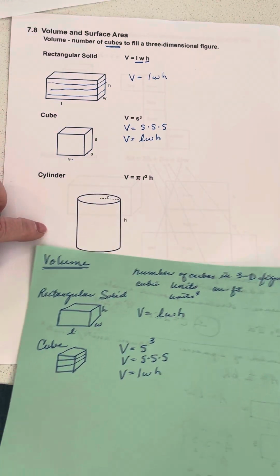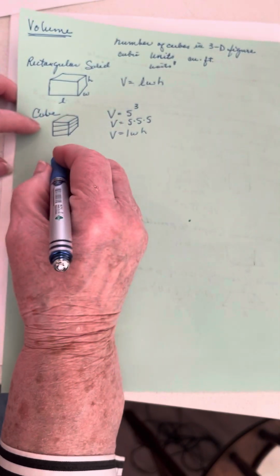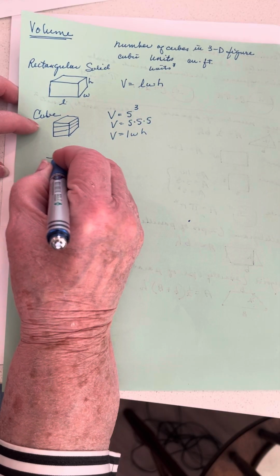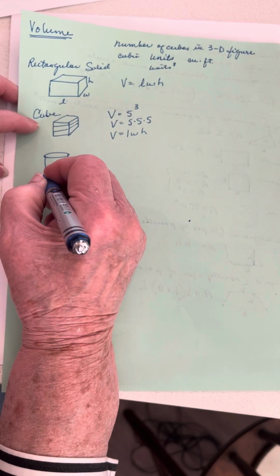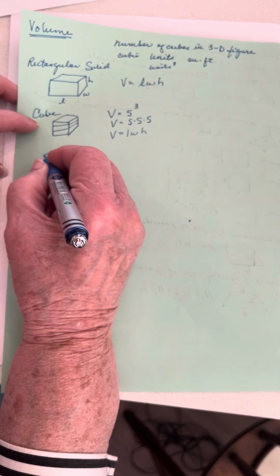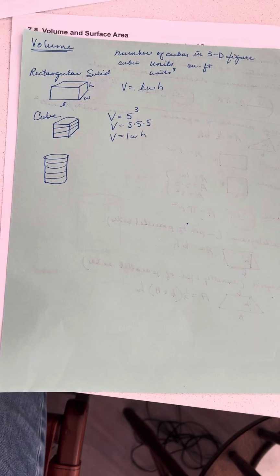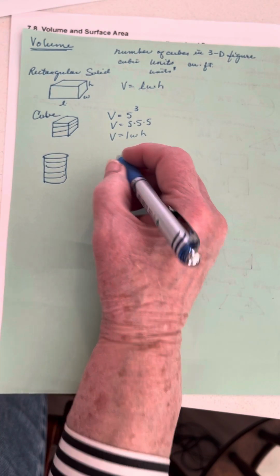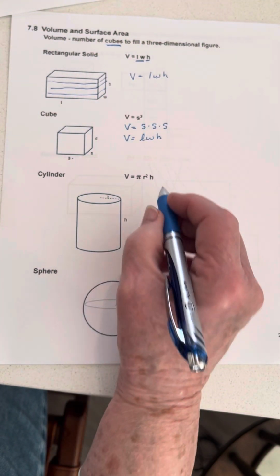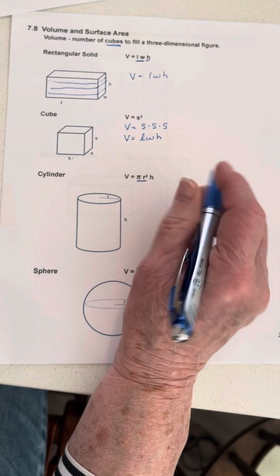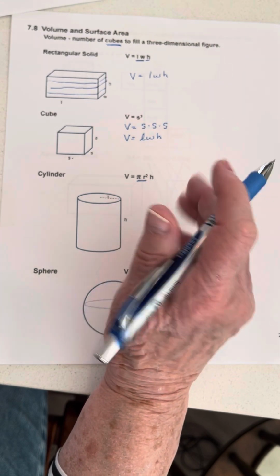Next, we're going to look at a cylinder, which is like a can. And when we look at the layers in the can, we see that each one is circular. So to find out how many squares or cubes in one layer, we're going to do pi r squared. That would be the number of squares in the bottom layer.